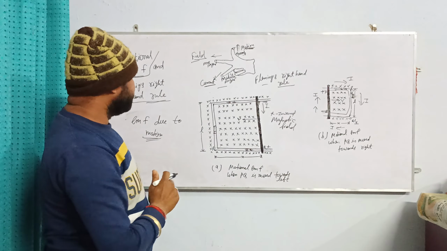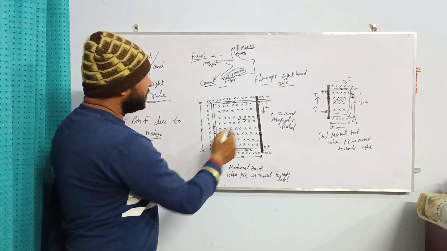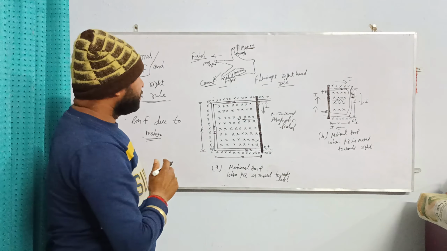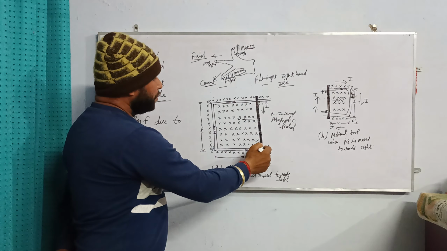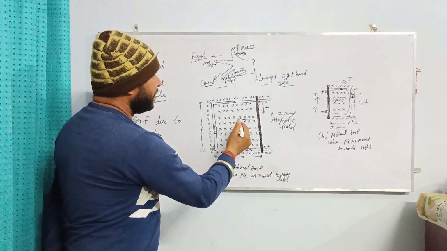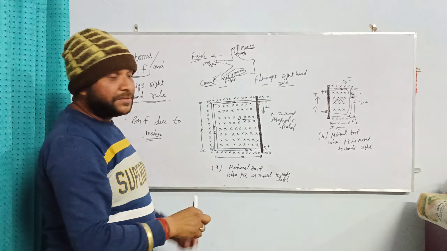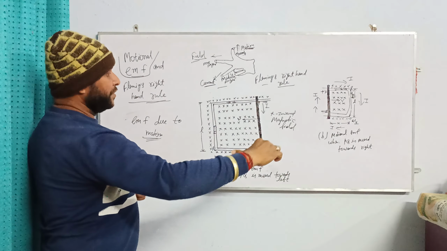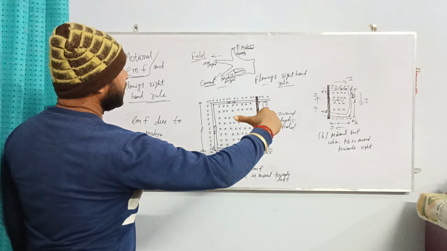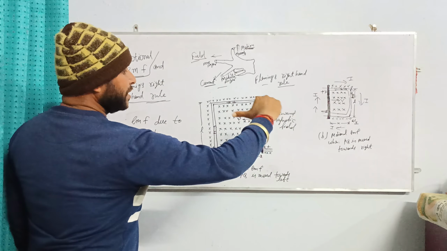The length of the PQ conductor is L. Suppose the PQ conductor is moved towards the left with velocity v, then the direction of the motion of the conductor is this.